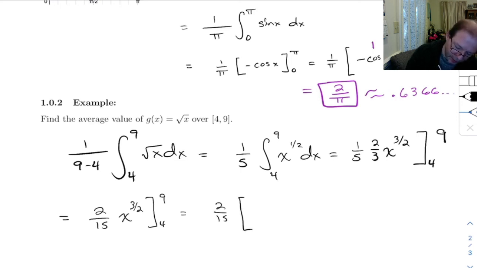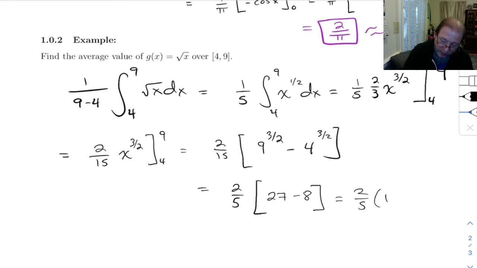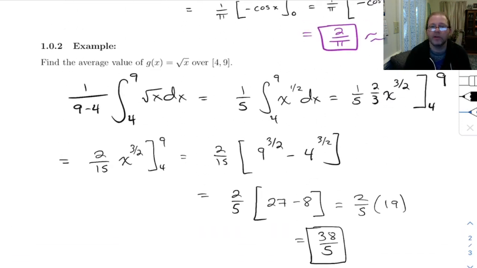So 9 to the 3/2 minus 4 to the 3/2. 9 to the 3/2, that's square root 3, cubed, 27. 4, when you take the square root, you get 2. When you cube it, you get 8. So you get 2/15 times 19, or 38 over 15. All right, and that's really all there is to this section.